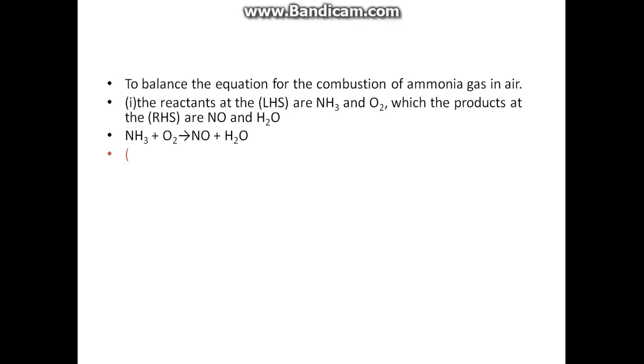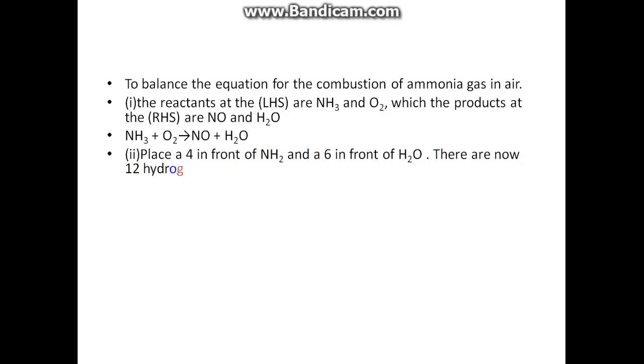We now place 4 in front of NH3 and a 6 in front of H2O. We do this placement in a manner to balance the atom count, either by trial and error or by exact assumption of what you are doing. There are now 12 hydrogen atoms on both sides of the equation.